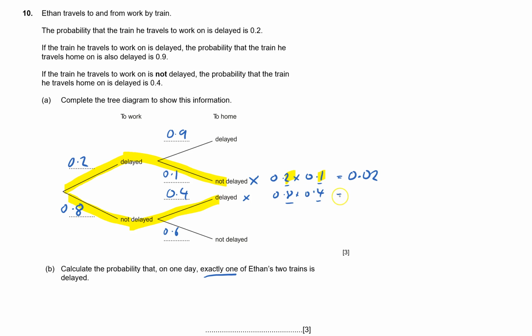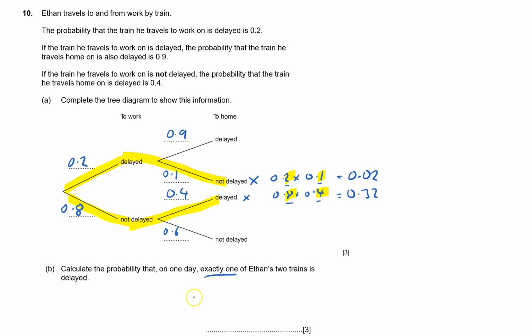Same way, 4 eights are 32, and I've got 2 numbers after the decimal point, so that'll be 0.32.